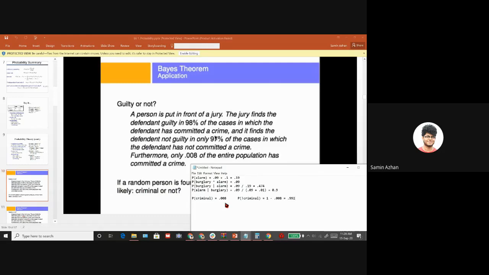Is that clear? The probabilities should always add up to 1. So if the probability of criminal is 0.008, then the probability of not criminal should be 1 minus 0.008.